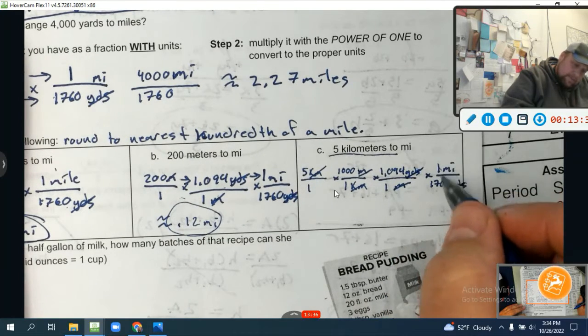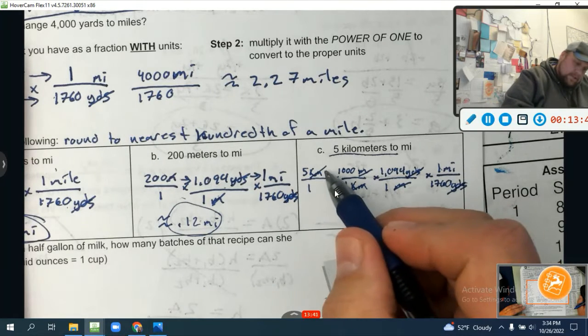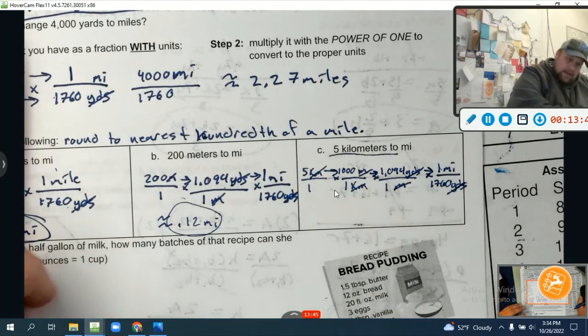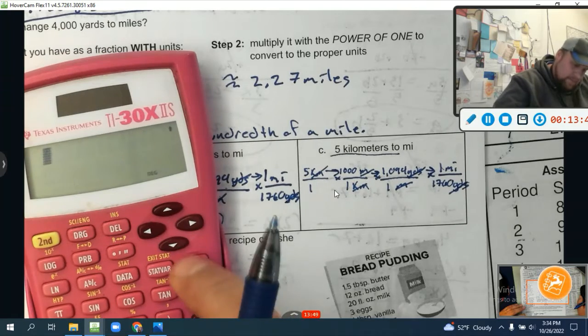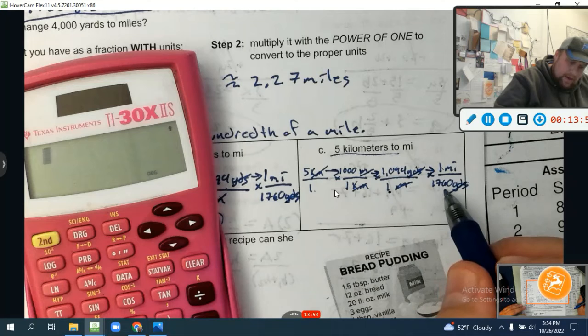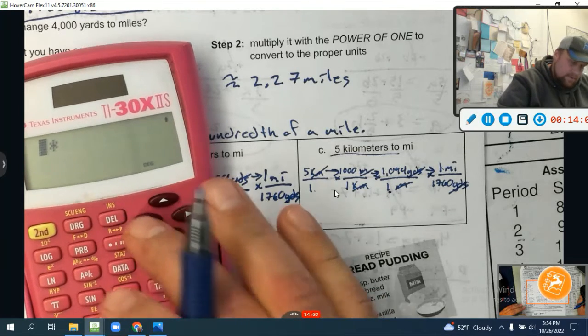I'm going to have, in parentheses, because remember, at the end of the day, I just have 1, 1, 1 on bottom and a 1,760. So I'm going to divide the whole answer I get by 1,760. So I have, parentheses, almost forgot, 5 times 1,000, that's 5,000, times 1.094 times the 1.